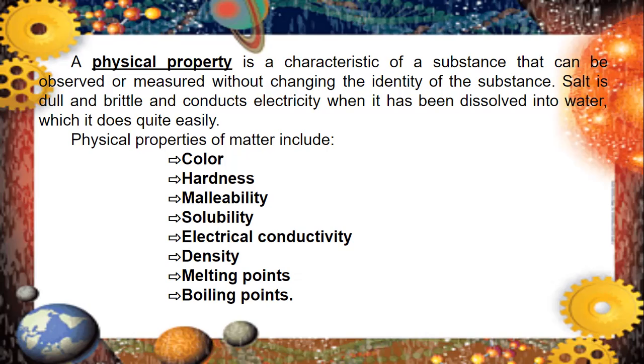We have listed different kinds of physical properties here, and it includes the color, hardness, malleability, solubility, electrical conductivity, density, melting point, and boiling point. In our next slide, we are going to discuss each of them.